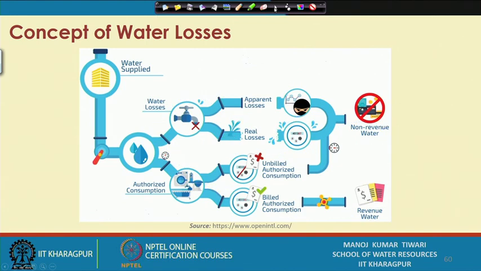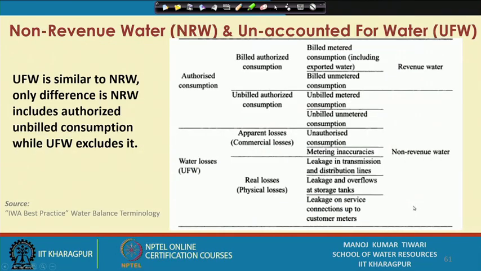The International Water Association, which is IWA, has given a proforma for water budgeting of water utilities. In the IWA best practice manual, the International Water Association suggests that the budgeting of water for a water utility is to be done in a proforma which is prepared after much deliberation.